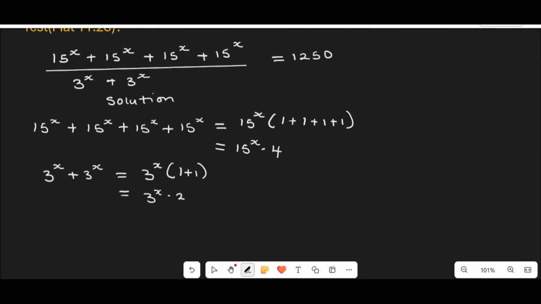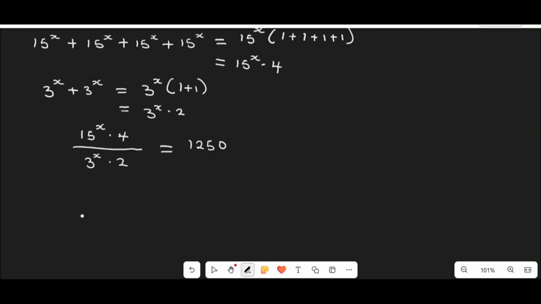So the equation will become 15 raised to power x multiplied by 4 over 3 raised to power x multiplied by 2 equal to 1250. 2 here will give us 1, 2 here will give us 2.